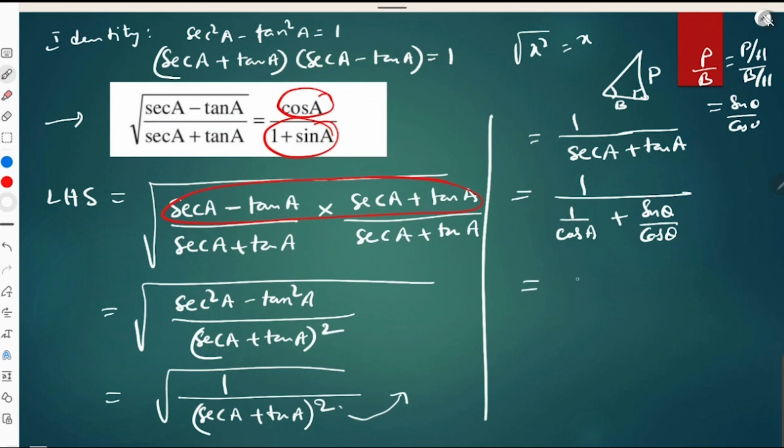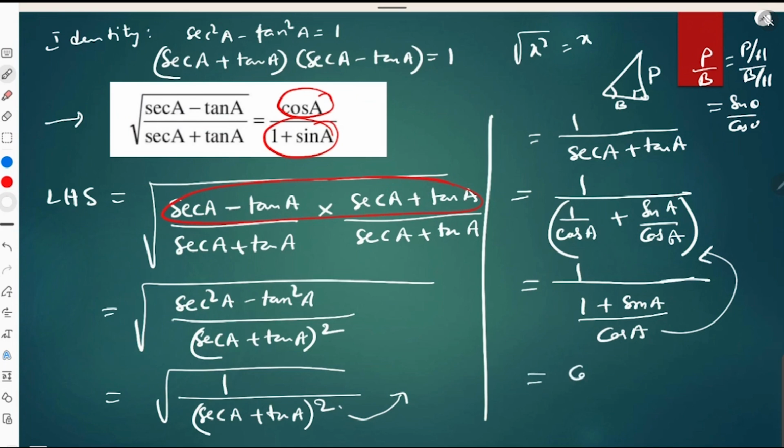Take the LCM, which will be cos A. Here 1 plus sin A, because denominators are same, just add the numerators. So 1 by this one, this cos A will come to the numerator: cos A by 1 plus sin A. This is what we require, the RHS.